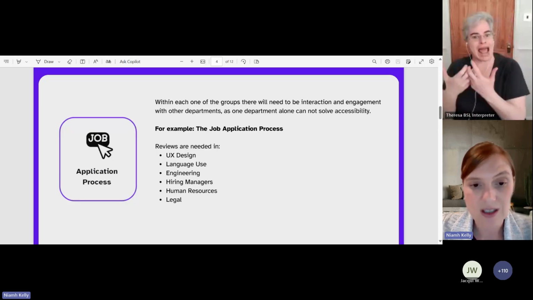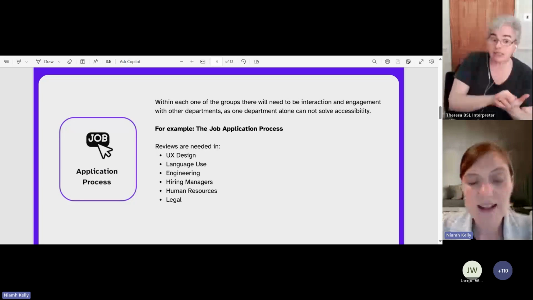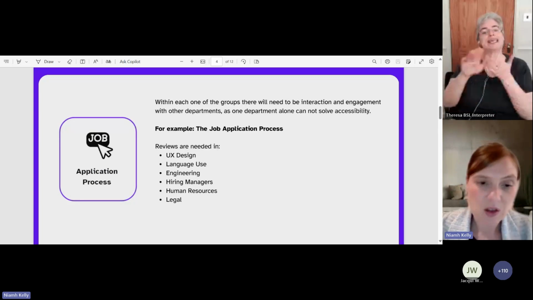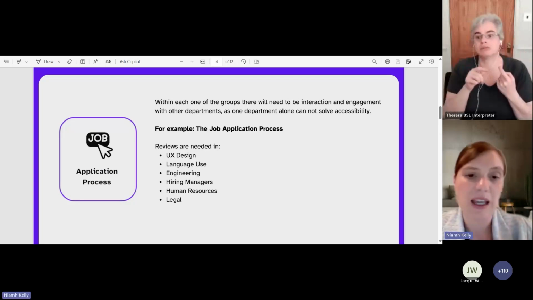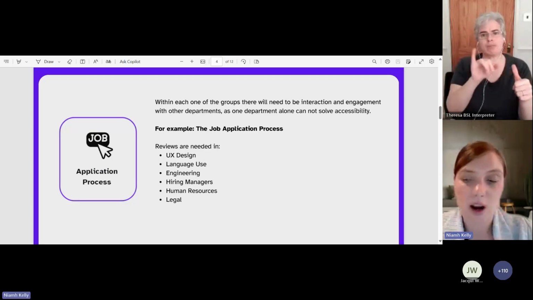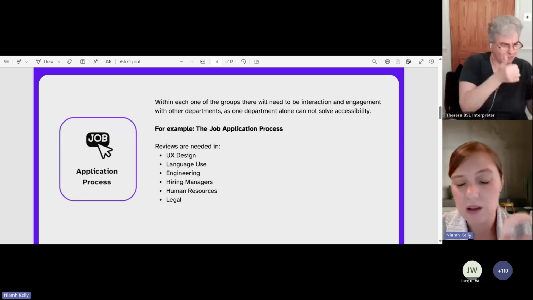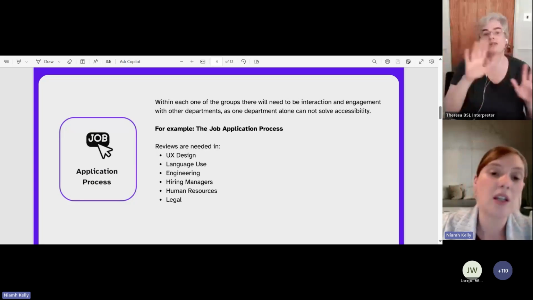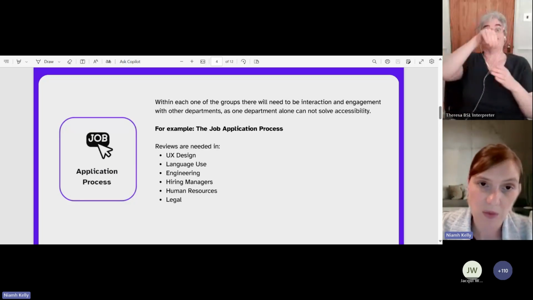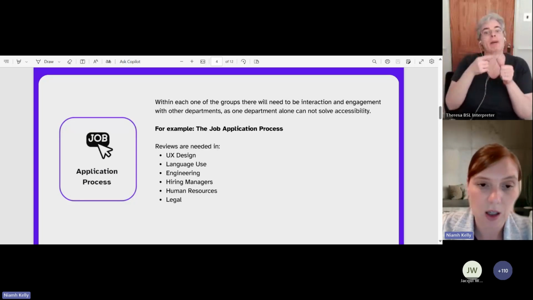The hiring managers, is all the information correct? Human resources, and legal. So when we think about it, you might think, oh, well, the hiring manager writes it, sends it to design and engineering, and it gets posted. Actually, we need to be involving all of these departments in making sure the job application process is inclusive.